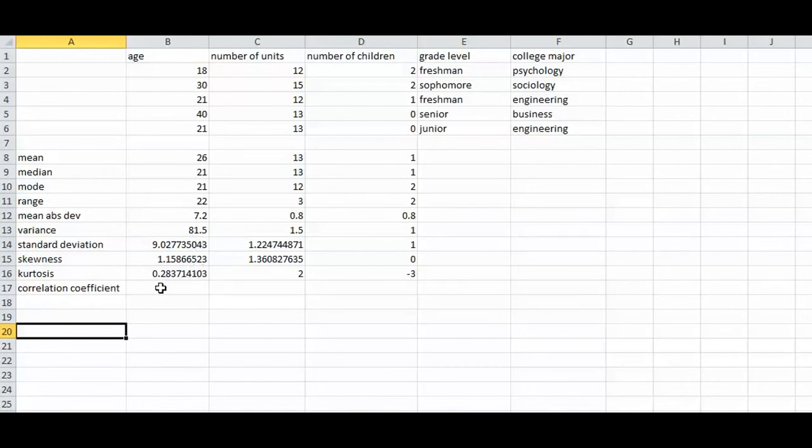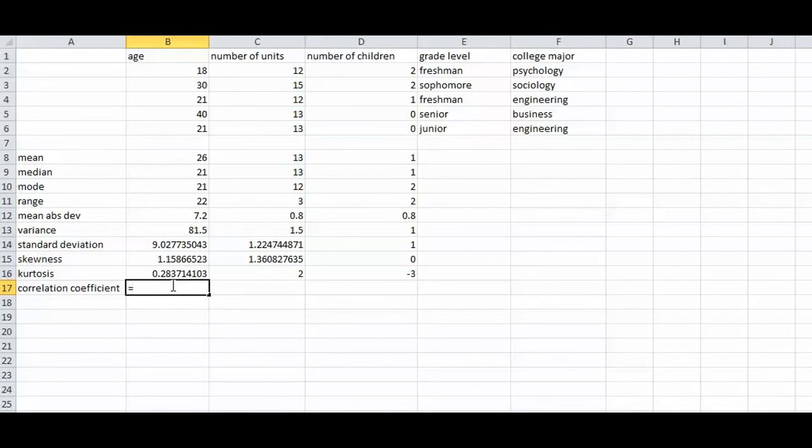When you calculate a correlation coefficient, you're actually plugging 2 columns of data into a formula. So we could ask Excel to calculate the correlation coefficient for age and number of units, and it would plug in all 10 numbers into a certain formula to give us the correlation coefficient for age and number of units. So let's do that.